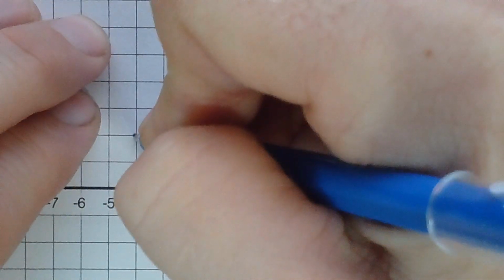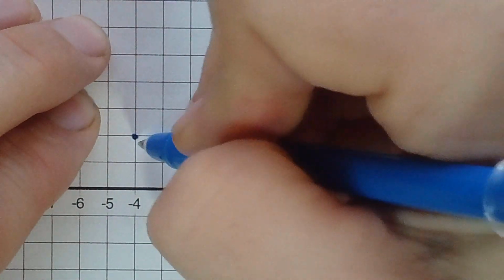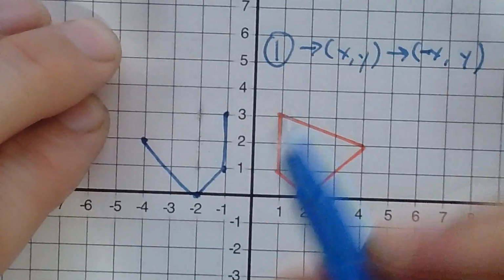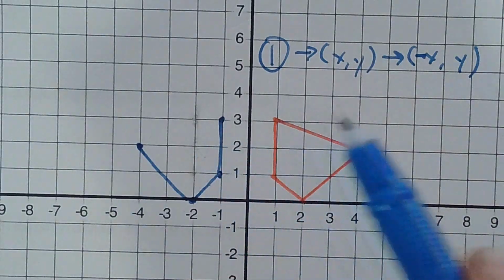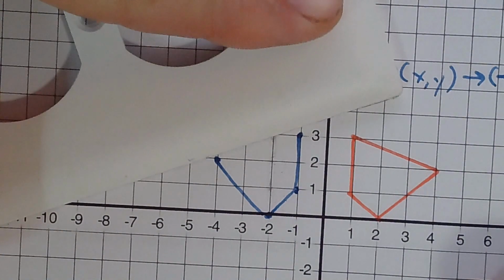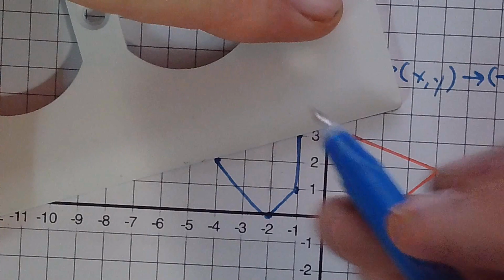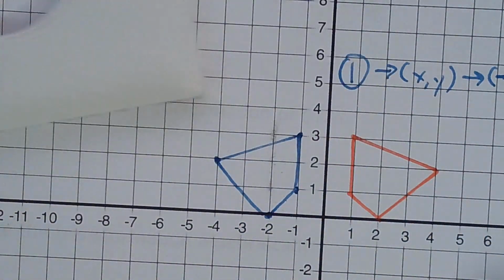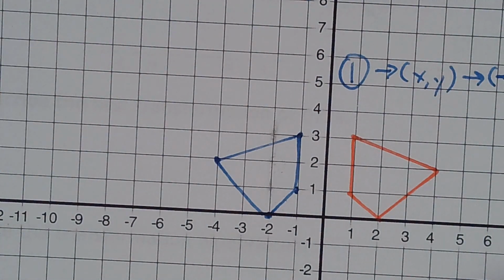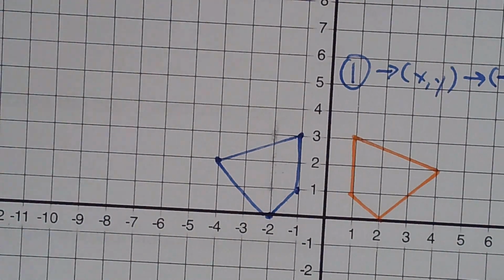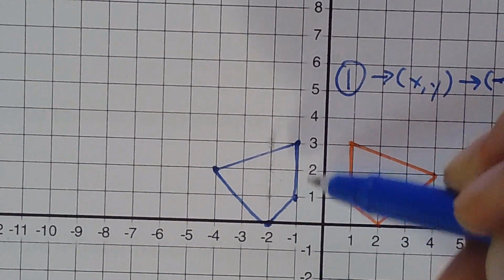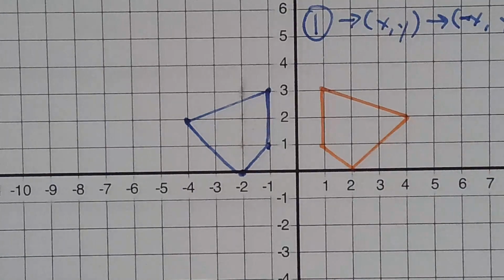Right, so then they're going to be just like this. Okay, so that is my reflection across the x-axis. It looks a little funny because these numbers here provide an optical illusion.